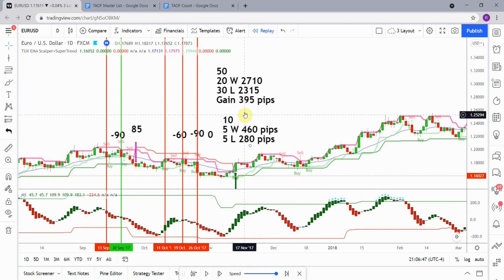That is an overall gain of 395 pips. Now that might not seem too bad, but keep in mind that is over, I think, a 3-year period of time. So 400 pips isn't horrible, but 400 pips over 3 years, not so great.